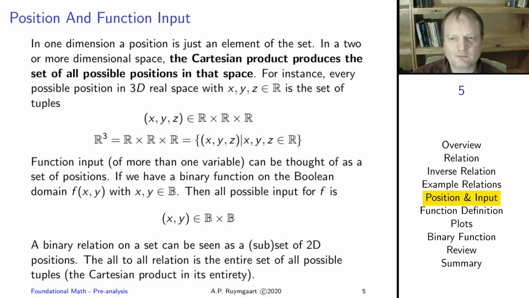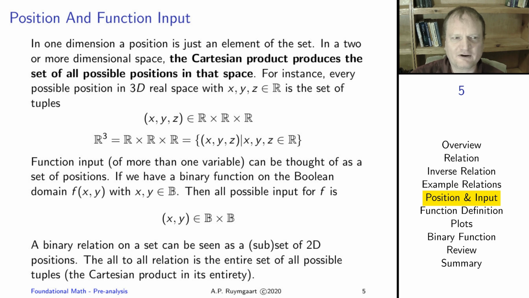So if we have a position in real space, the real numbers, it's simply a one-dimensional position on the real number line, which is simply an element of the set of real numbers. For example, the number 0 is a position in one-dimensional real space along the real line.